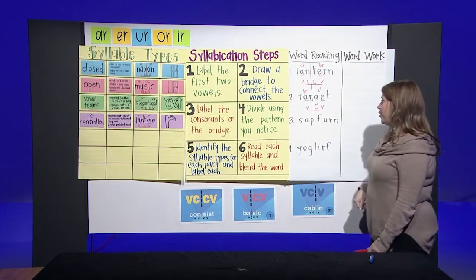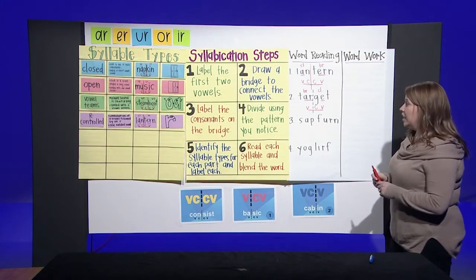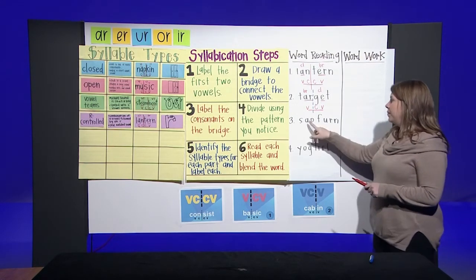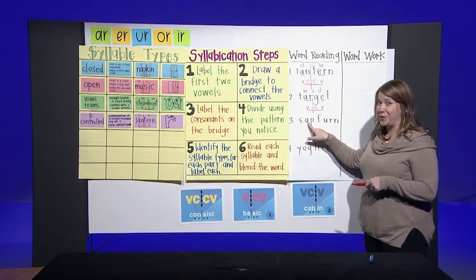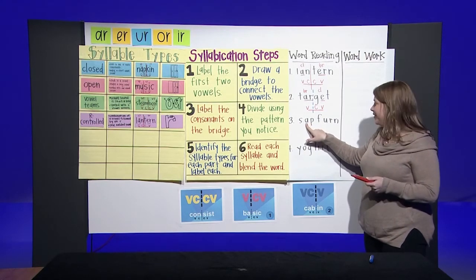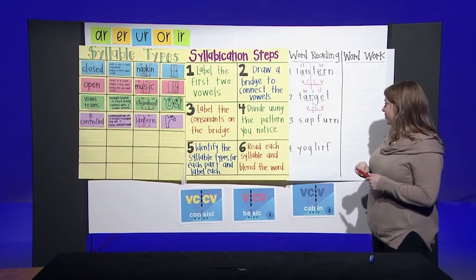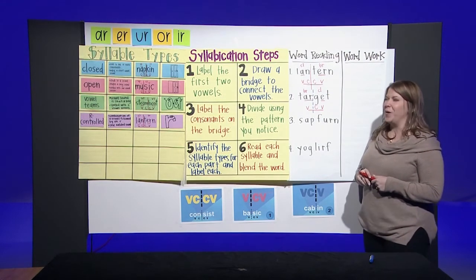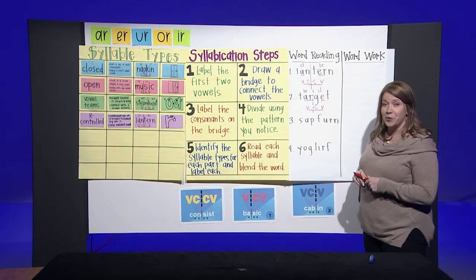Y'all are doing such a great job. Let's focus on step number 1. What does it ask us to do? Oh, but make sure you write the word first, or we can't go anywhere from there. So write this word. Now we'll identify the first 2 vowels we see.